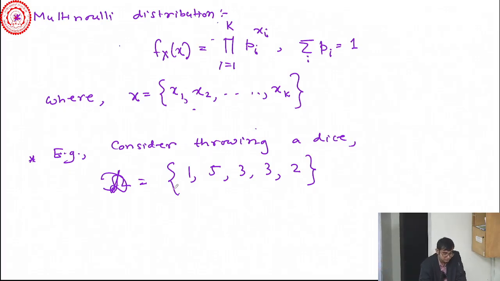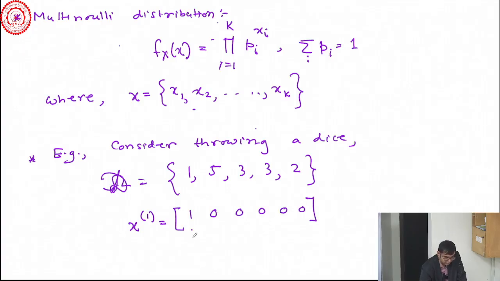So your x1, if I have to write x1, right, so the first observation, this actually looks something like 1 0 0 0 0 0, positions 1 2 3 4 5 6, but this one is actually your x1, this one is actually your x2, this one is actually your x6.